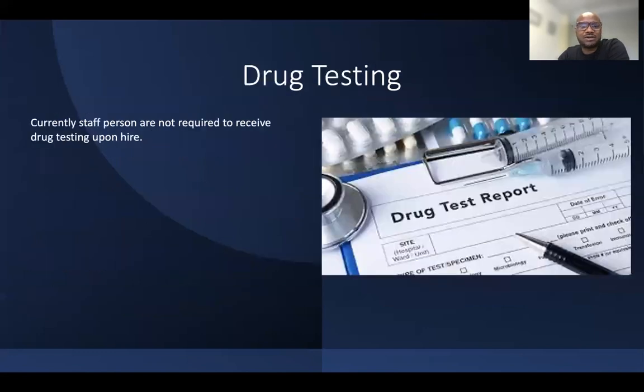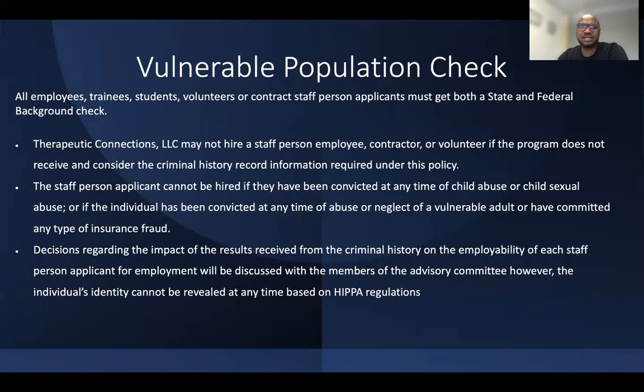Drug testing. Currently, staff persons are not required to receive drug testing upon hire. However, this is up to you, again, to make that decision as a business owner. Vulnerable population check. Right, so all staff persons must get both a state and federal background check, but this just recently changed to just state in the state of Maryland.